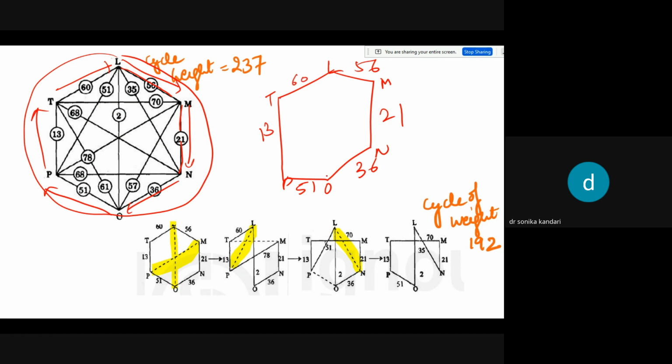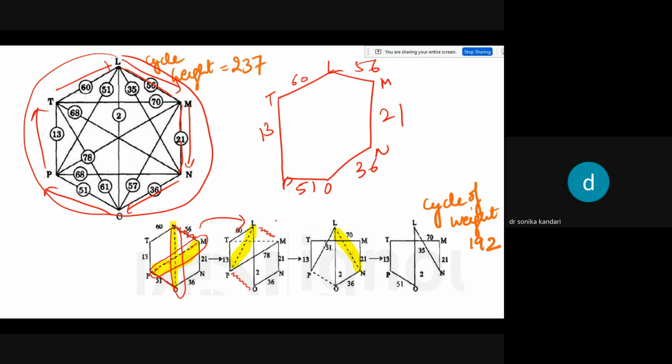Fine. Later on, some new paths are formed, like MP, because its weight is less. In every stage, some new paths are added and the old ones are deleted, like this has been deleted, so this is not here. This PO has been deleted, so it is not here.